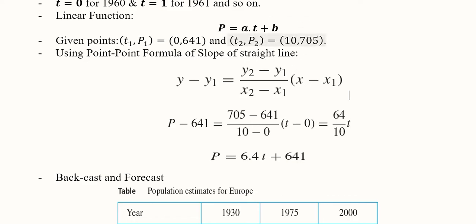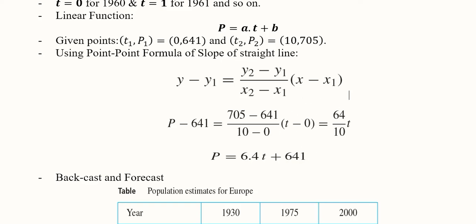So population at T equals 0, population at T equals 10, and Y1 again is the population at T equals 0. Then the latter time is 10, and X1, the initial time, is 0.